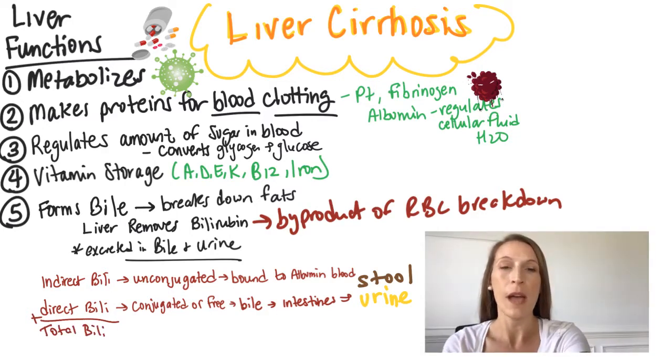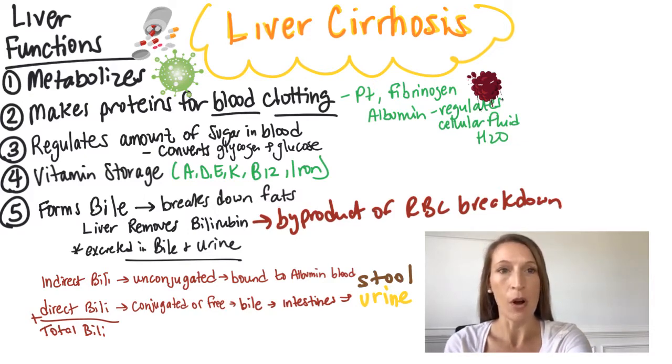Okay, so we have to understand the functions of the liver in order to move forward with the rest of this lecture. So we must understand that the liver metabolizes pathogens, medications, chemicals, anything that we put into our body gets filtered and detoxified through the liver. It also makes proteins for blood clotting.